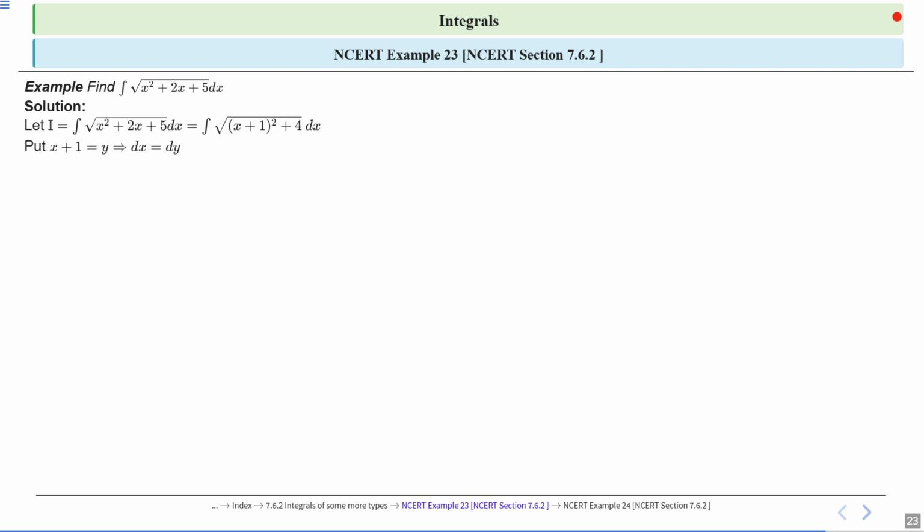So now we put x plus 1 is equal to y. We apply the substitution method. So when we differentiate x plus 1, we get dx is equal to dy. So my integral becomes integration of root under y square plus 2 square dy. And now this is a special case, and the case is integration of root under x square plus a square. Here the value of x is y, okay, and the value of a is 2.